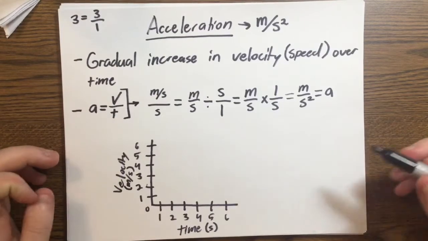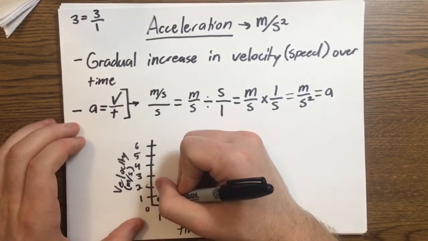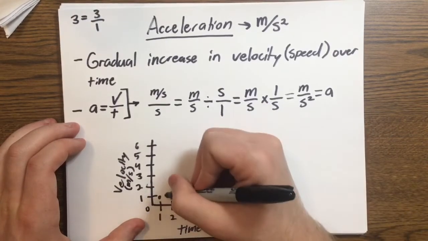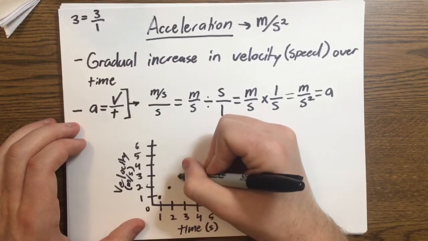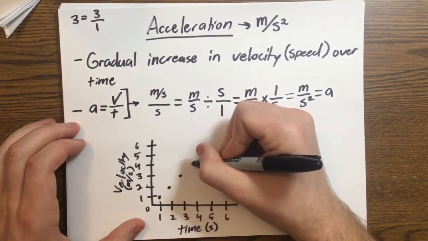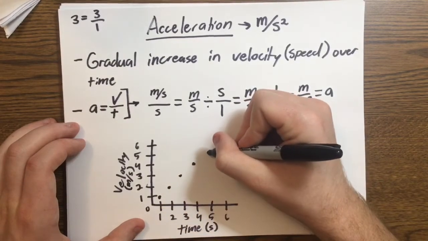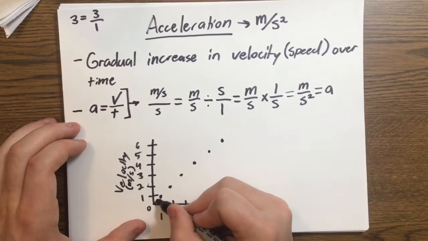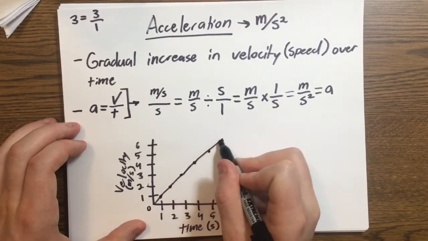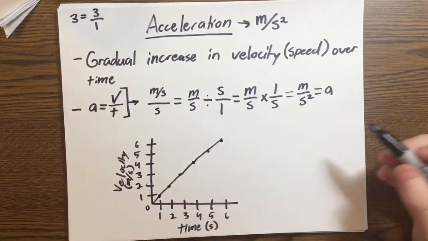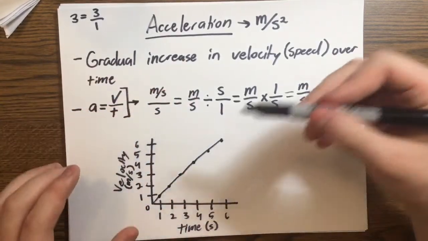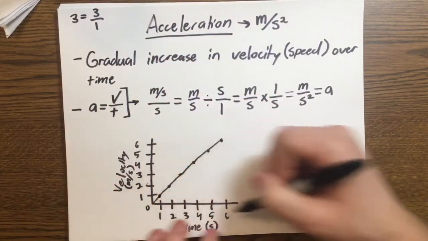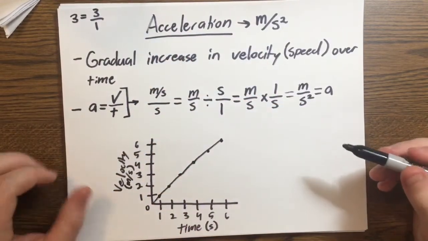If I said that an object was going at 1 second, it was traveling 1 meter per second. At 2 seconds, it was at 2, 3 at 3, 4 at 4, 5 at 5, and 6 at 6. Our graph would look like this, very linear. But we could actually see the acceleration from this. So remember, acceleration is velocity over time. Velocity is the y-axis, time is the x-axis.